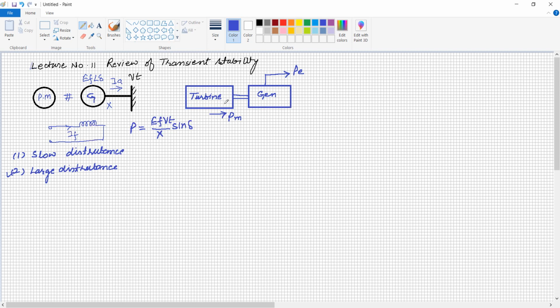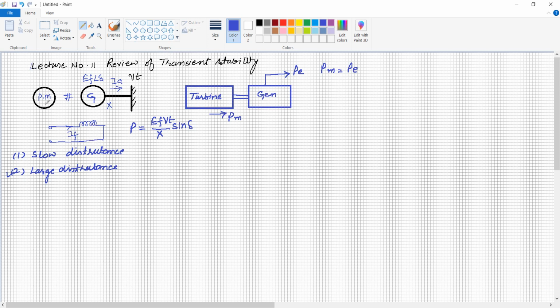Under balanced condition, the mechanical input and electrical output are the same. If we consider no losses for simplicity, the mechanical input is equal to the electrical output, and the generator is running at constant synchronous speed.